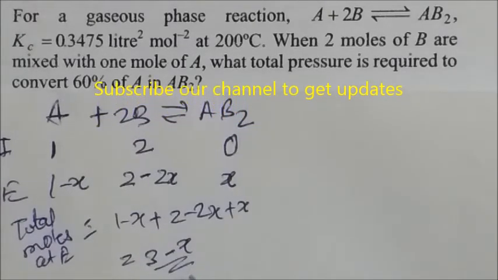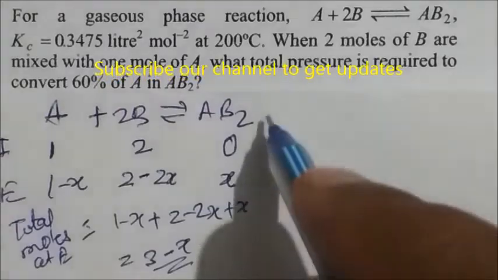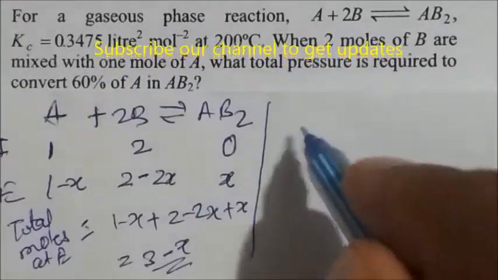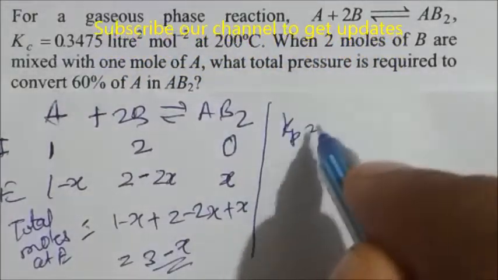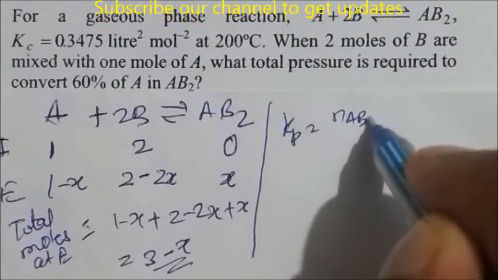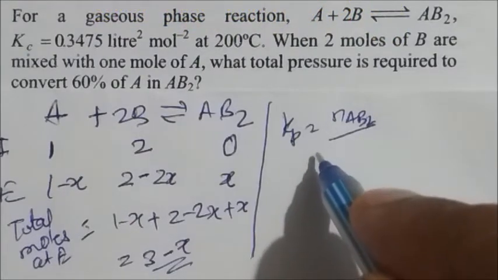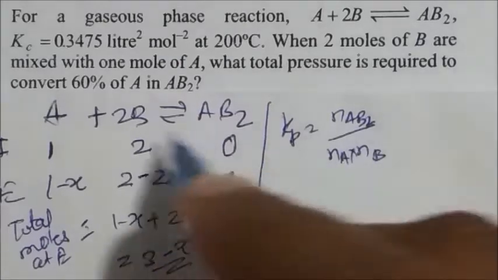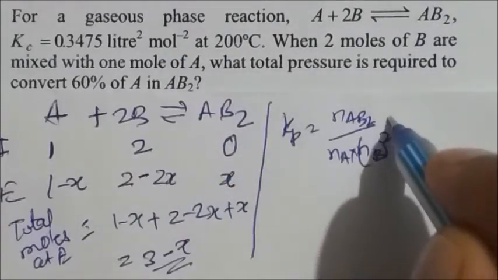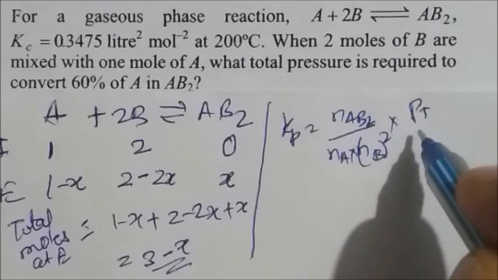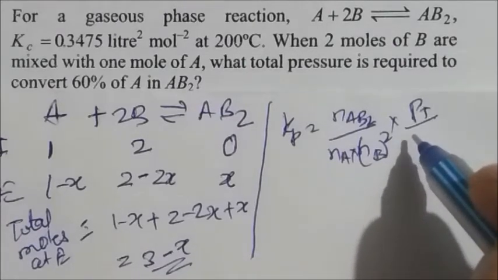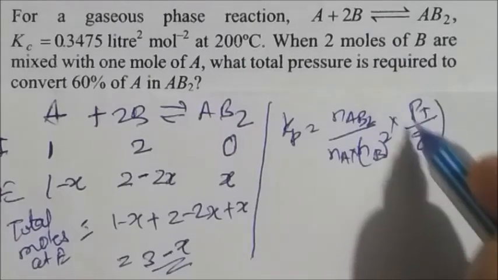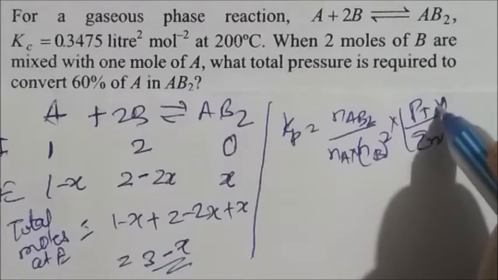Now we will apply Kp. Kp is equal to moles of AB2 divided by moles of A into moles of B squared, multiplied by the total pressure P raised to delta n, divided by the summation of the number of moles, whole raised to delta n.